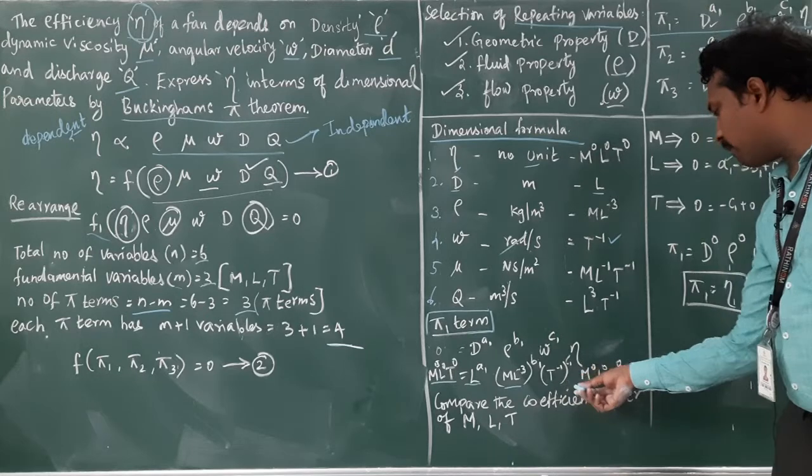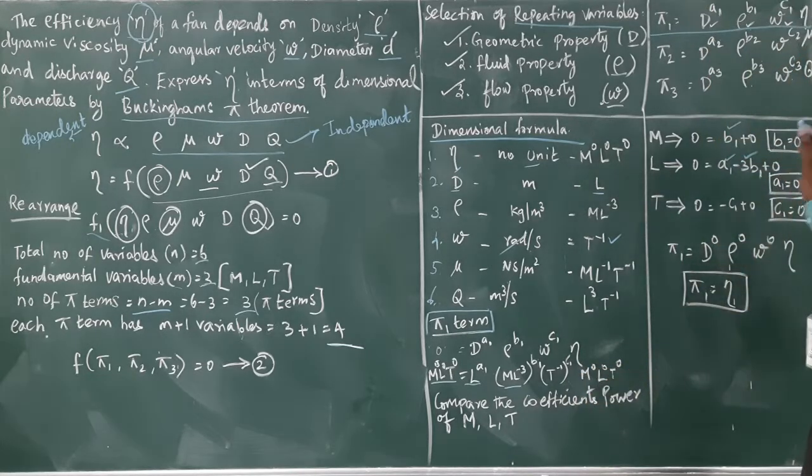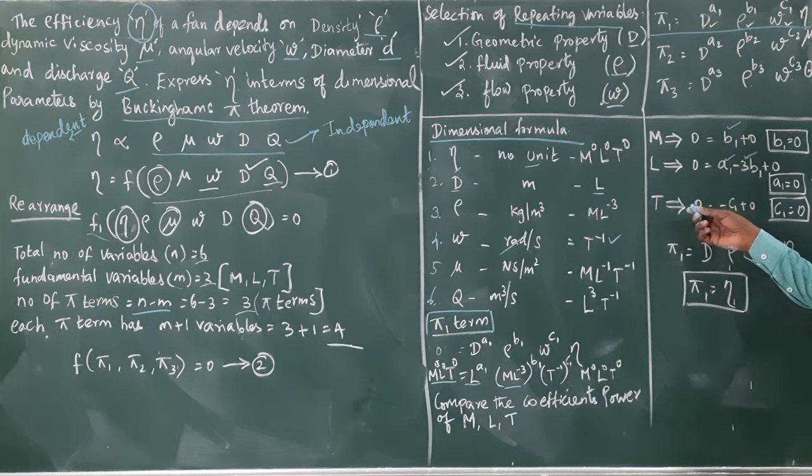There is no L power in the other terms, so 0. Substituting the value for b, a1 minus 3 into 0, which is 0, then a1 is also 0.